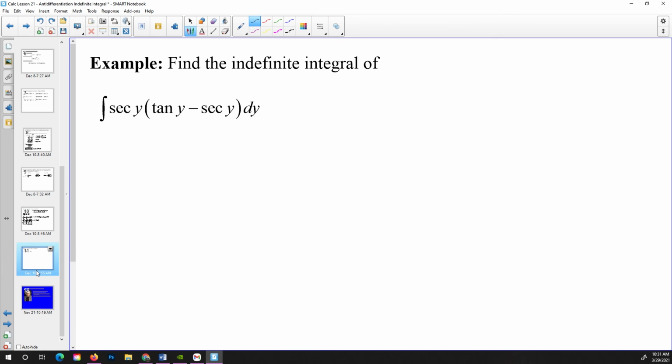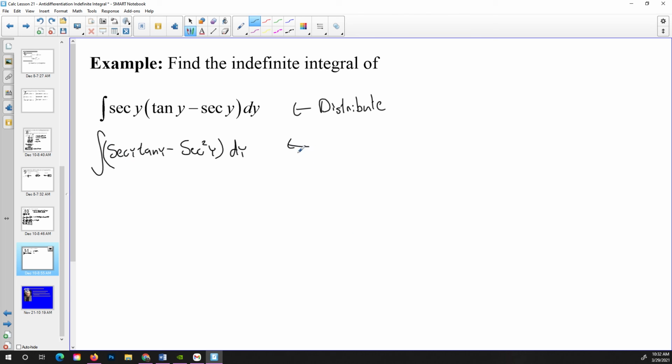All right, last example. Find the indefinite integral of secant y times the quantity tangent y minus secant y. Okay, so here first we're going to distribute, and we will write this as the integral of secant y tangent y minus secant squared y, and this will be all dy.